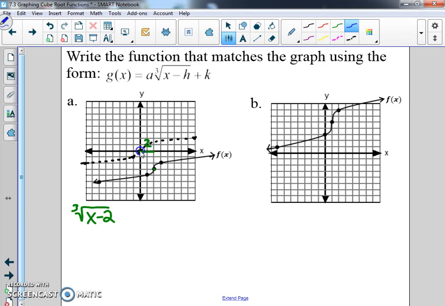Now I'm going to shift vertically downward, and I go down 1, 2, 3 to get to the point of symmetry. That means my k value is equal to negative 3. I see as my graph, from my point of symmetry to my next point, I go up 1 and over 1. We see that there is no vertical stretch or compression.